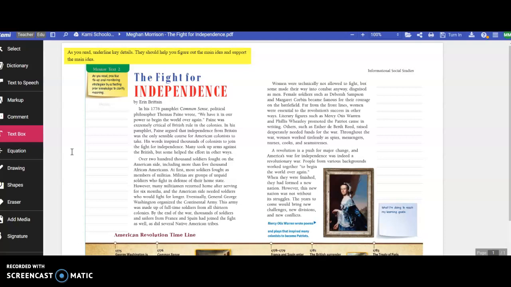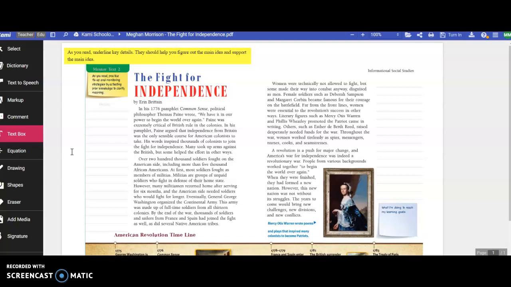African Americans fighting in the American Revolution, Native American tribes, what was it like for them? Women, what role did women play? So, one thing we'll be looking a lot at is the different perspectives of people in the war.